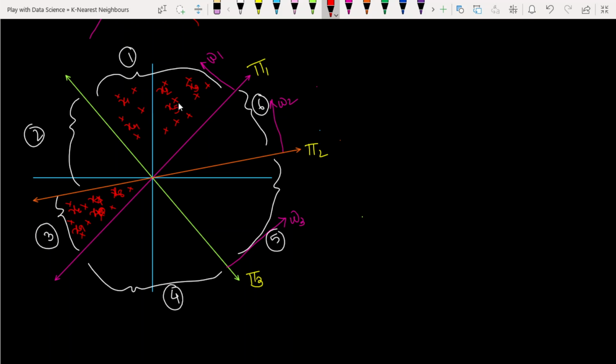So in the first cluster, what will be the value? Just consider the first pi 1 plane.